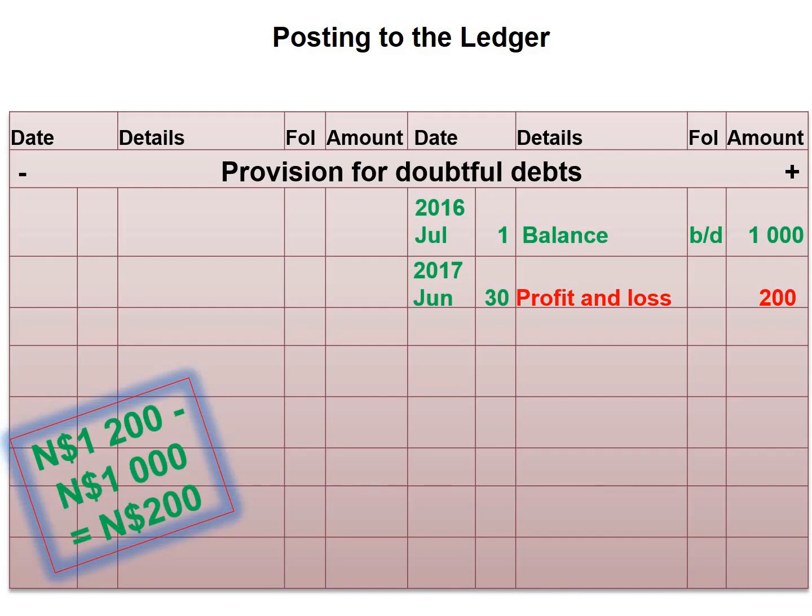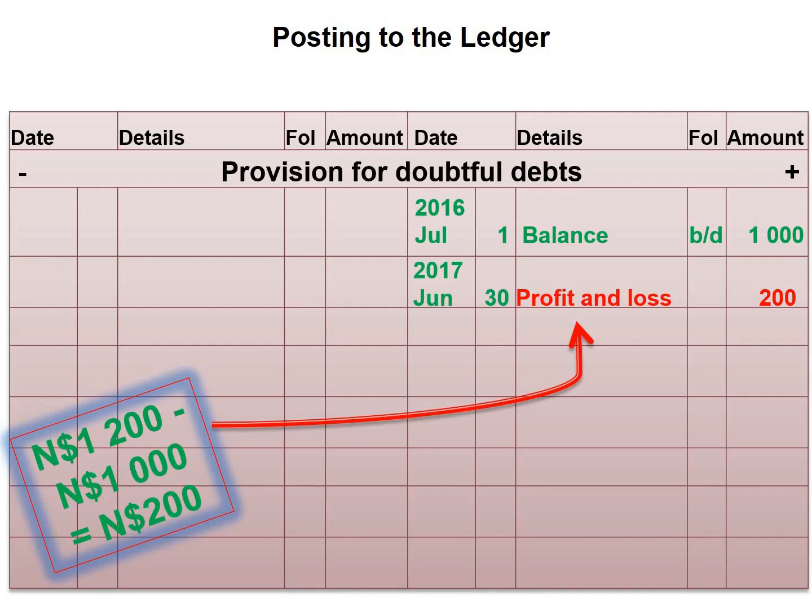This also means that our provision for doubtful debts increased by 200 from 1,000 Namibian dollars to 1,200 Namibian dollars. And since our provision for doubtful debts account increases on the credit side, we entered the 200 Namibian dollars on the credit side.